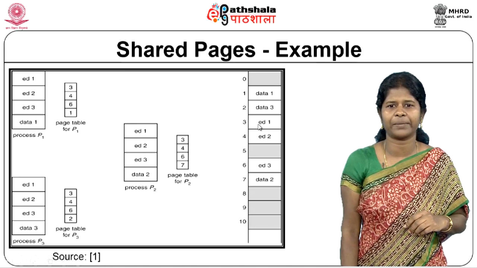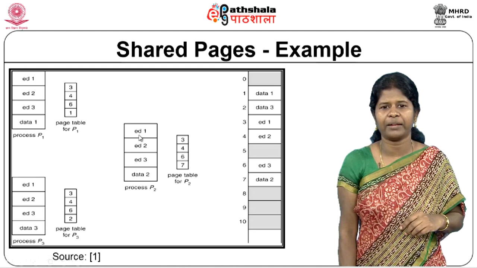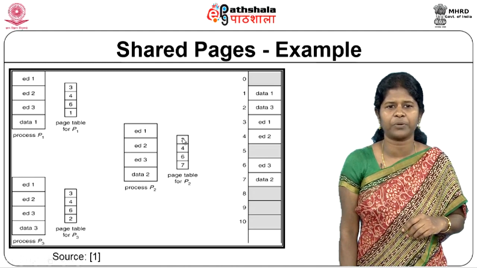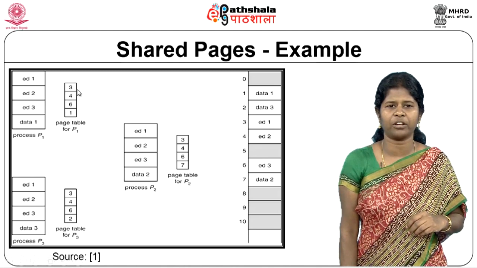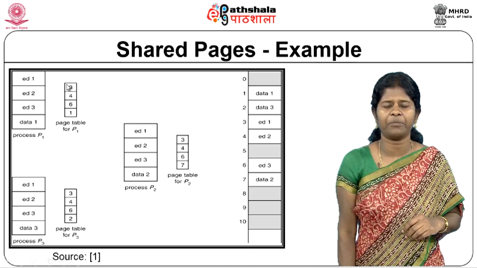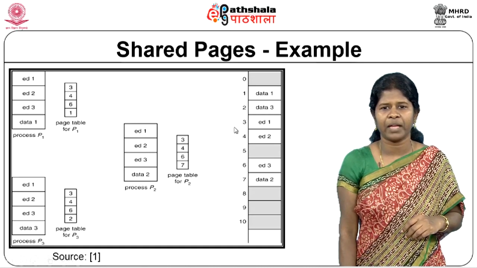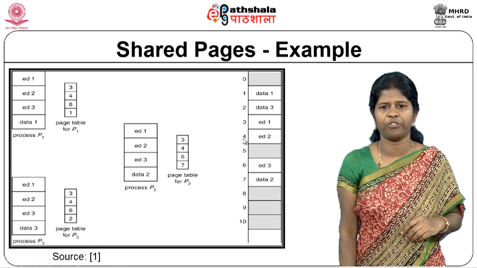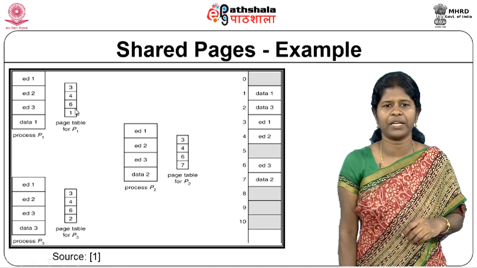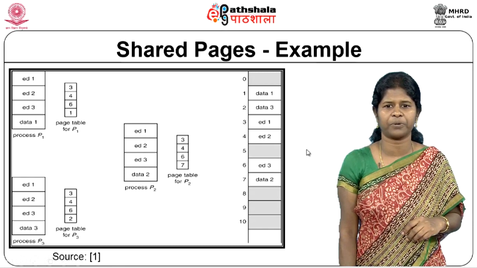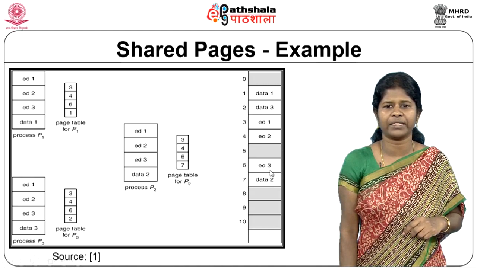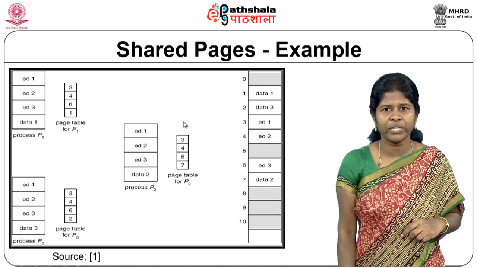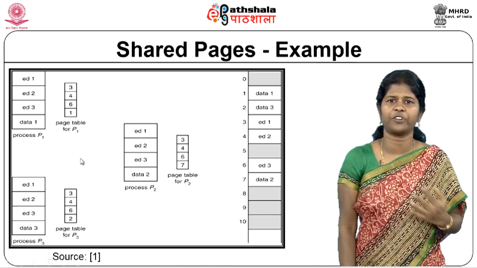Now, ED1 is placed in frame number 3, and hence in the page table for each of the processes, the frame number corresponding to that particular page ED1 is maintained as 3. And ED2 is kept in frame number 4, and similarly the frame number is maintained in the page tables for each of the processes. Similarly for ED3 as well. Now, the data is separate for each of the processes.